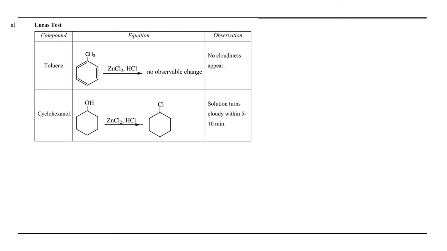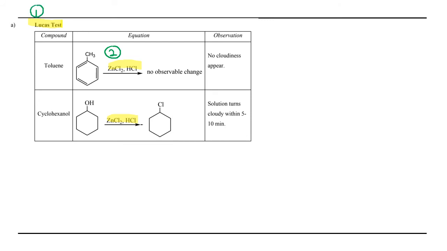One is the negative result and another one is the positive result. So let's highlight what needs to be in your answer. First, you need to give the name of the chemical test, the Lucas test.